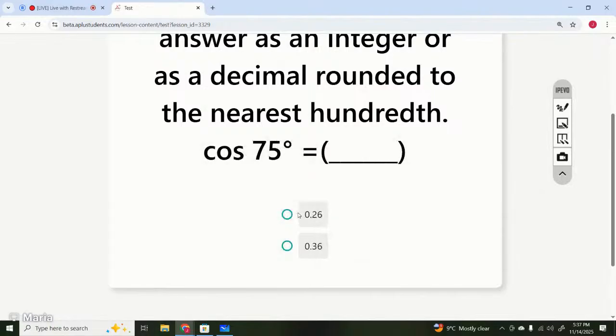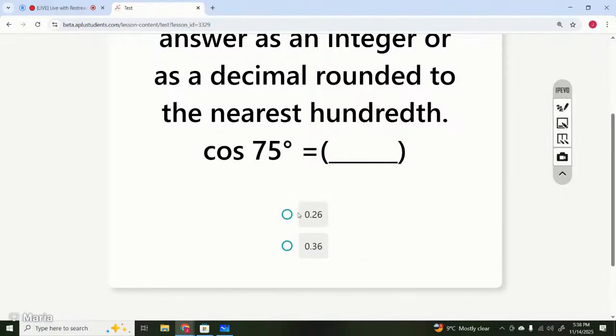The next one is we need to evaluate cos 75. So which is the correct option? So let me just use the calculator.